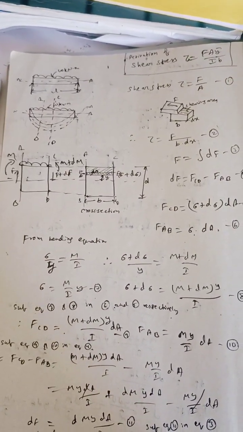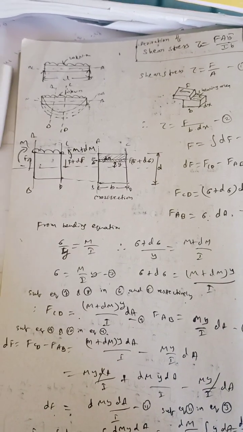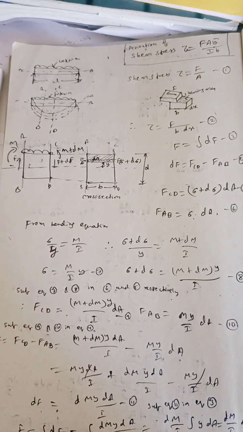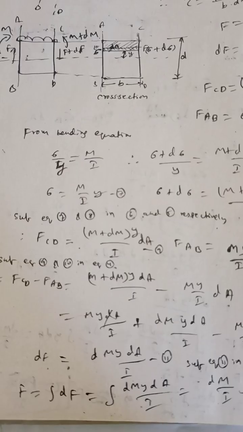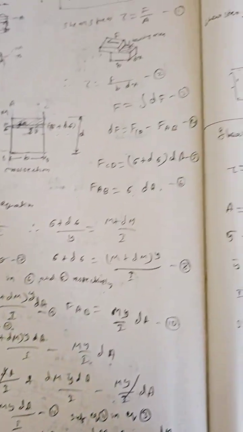Then we will get FCD and FAB like this. Now substitute equations 9 and 10 in equation 4, which is dF.